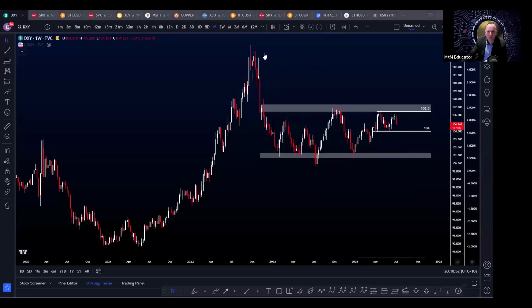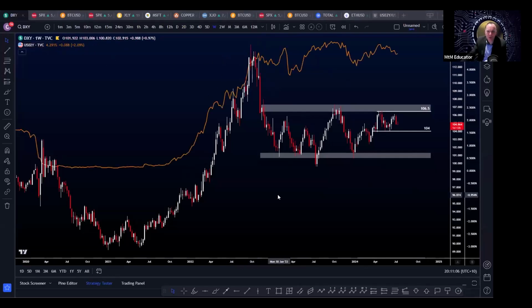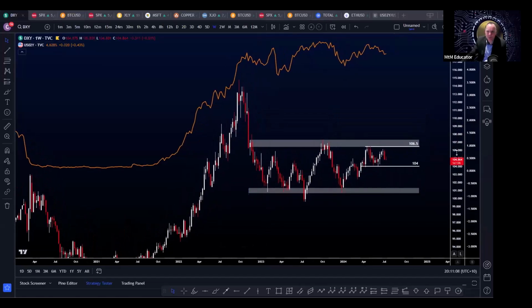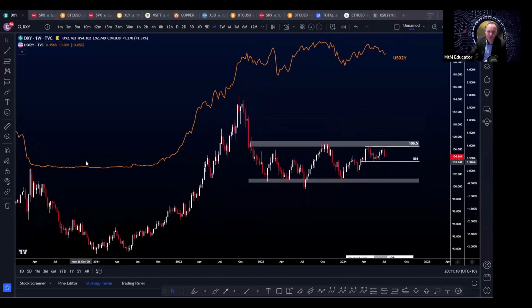Now, what we have seen here is this big growth of the US dollar through the liquidity cycle and then into higher rates. If I overlay the bond yield, this is the 2-year bond yield. And you can see as interest rates go up, the US 2-year is really closely linked to the Fed interest rate.